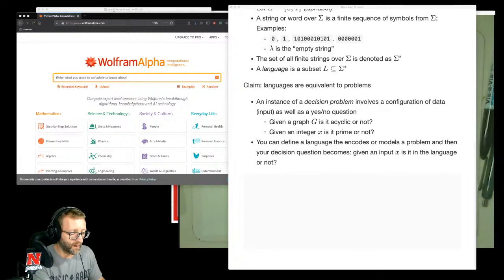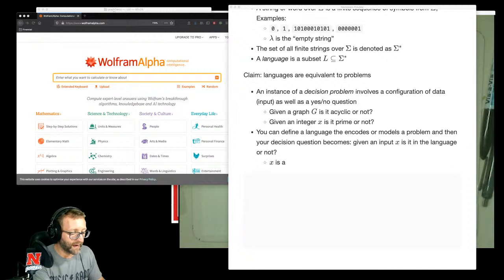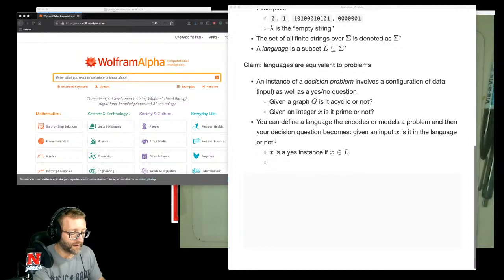In other words, x is a yes instance. Yes, it has a Hamiltonian path. Yes, it is acyclic. Or no. If x is in L, x is a yes instance; x is a no instance if x is not in L. So you just have to formulate the question correctly.